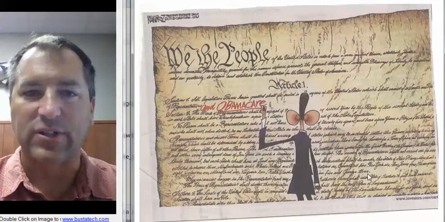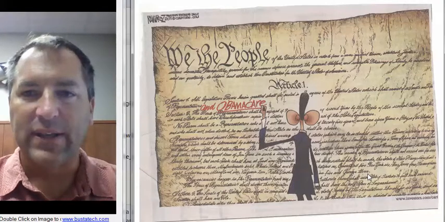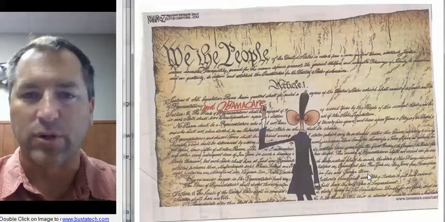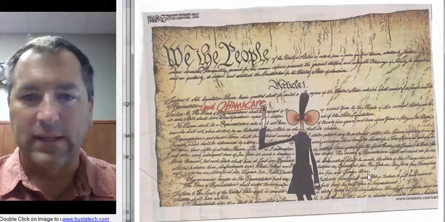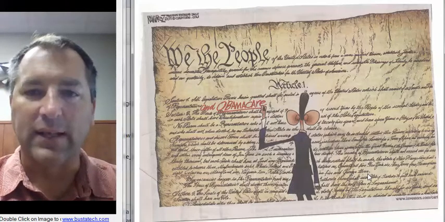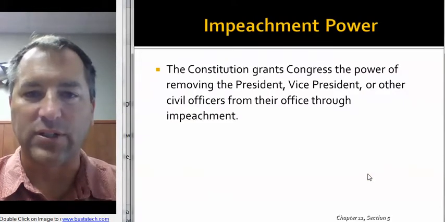Obviously the cartoonist is feeling that it was a bit of a stretch to try to say that the Constitution supports giving Congress enough power to create a national health care plan. Now others could argue that it's implied in there. And so again, cartoonists can bring out their opinions in such ways.